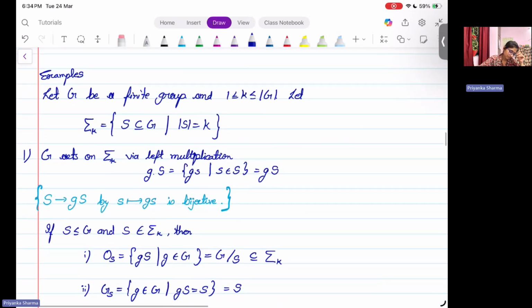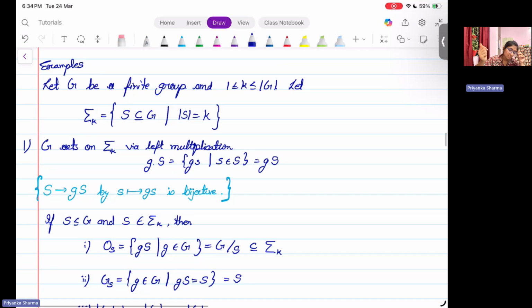Now we have some examples on group actions. Let G be a finite group, and we have a positive integer k, which lies between 1 and the order of G. Then with respect to this number k, we define sigma k as the set of all those subsets of the group G which have cardinality k.